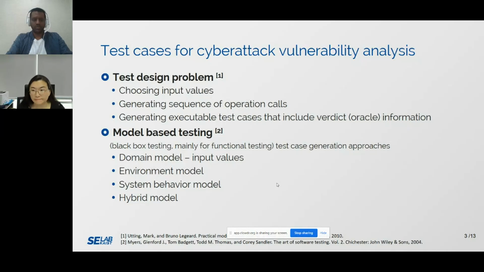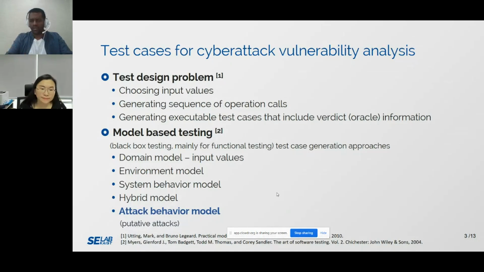Now, what is common in these three methods is they all rely on collecting information about the system, whether internal or external to the system. And then based on that information, they try to design test cases for the system under test. And then how about the attack behavior model?